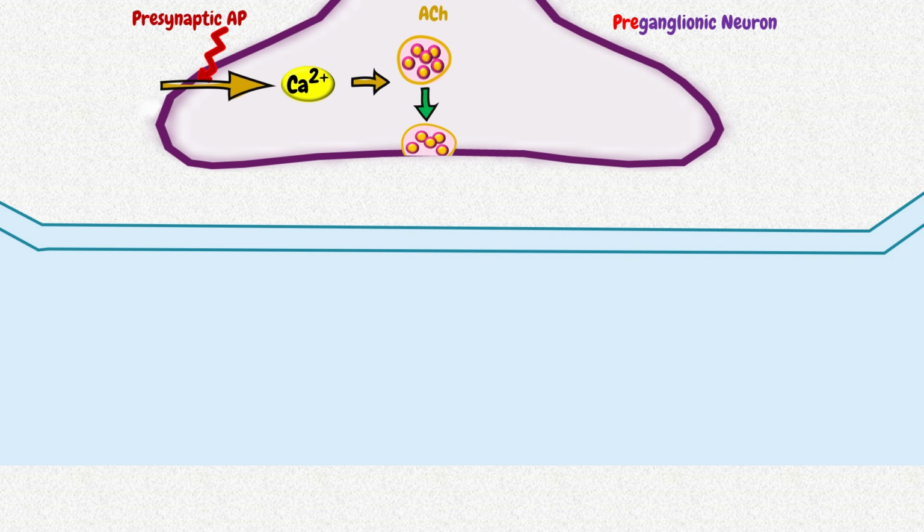Epinephrine and norepinephrine can inhibit acetylcholine release by stimulating presynaptic alpha-2 adrenoceptors. In postganglionic parasympathetic fibers, acetylcholine blocks its own release by binding to presynaptic autoreceptors.